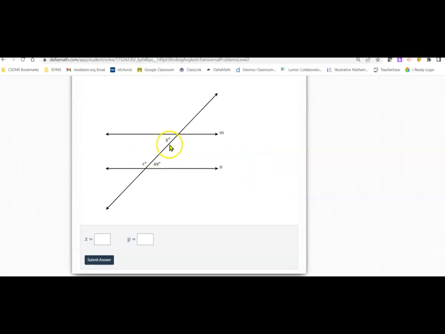So that means that y is also 49. But x and 49 are supplementary. So I would write an algebra sentence for that. And I would subtract 49 from both sides, and I would get my missing angle measure, 131.